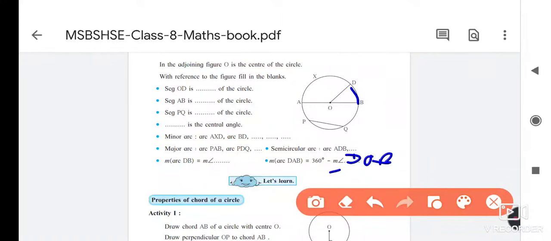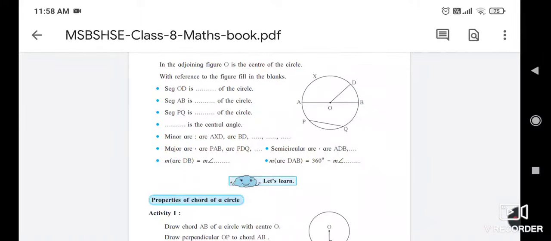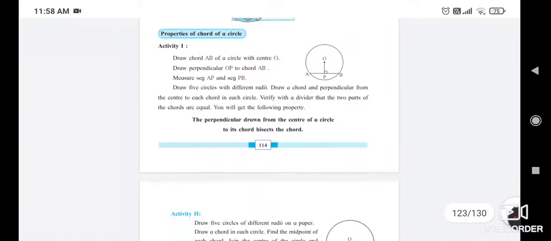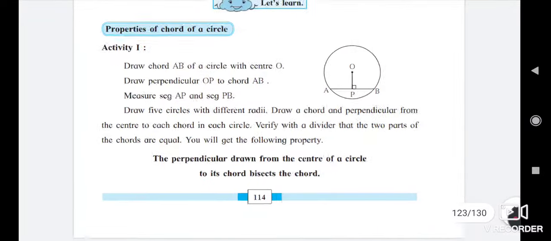But since the angle sign is given, it's the central angle DOB. In this way we complete the recall.